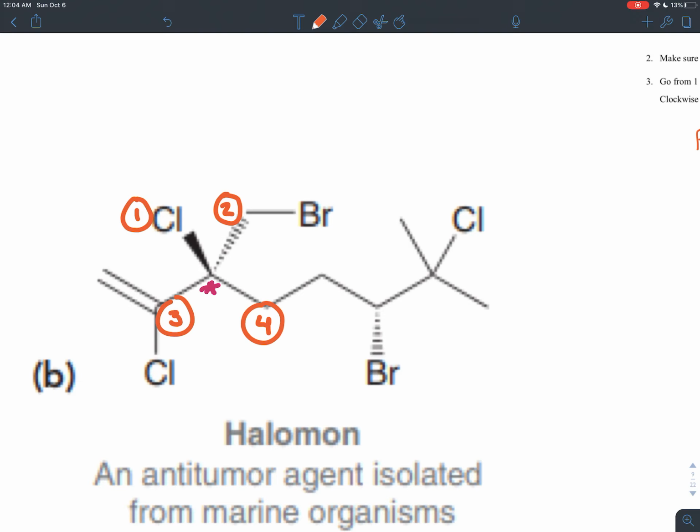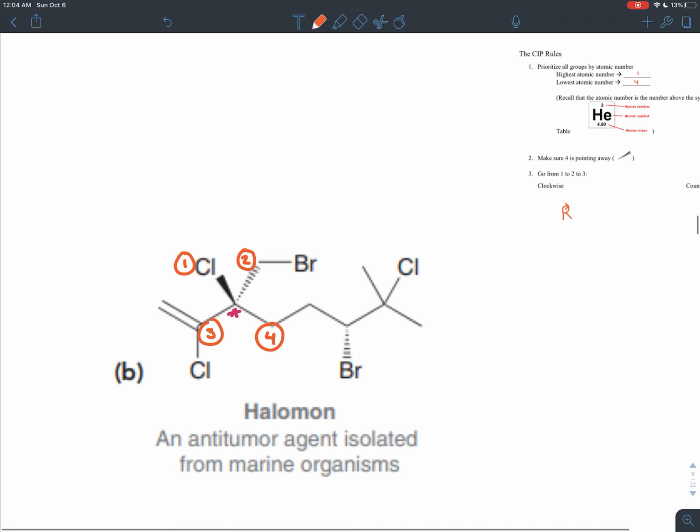So that's the first step, assigning priorities based on atomic number. The second step is to make sure that number 4 is going away. Now here it's not. This is actually the most difficult case. The easiest case is if 4 is going away. Then we can just go straight to the third step.